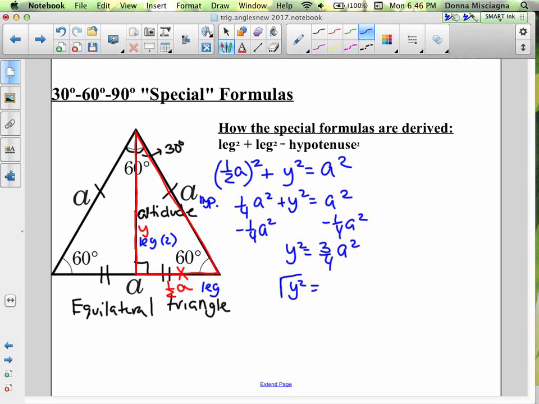All right, so we have the square root of y squared equals the square root of 3/4 a squared. All right, let's put the perfect squares together, but let's split that product up a little bit. Well, of course, we know the square root of y squared is just y.